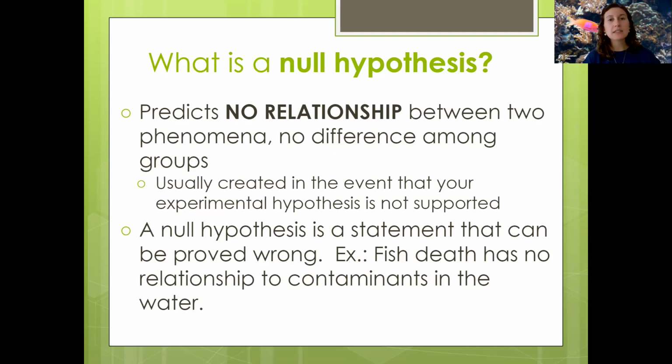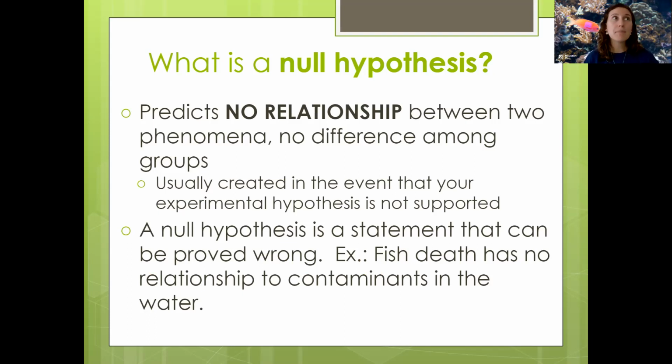But the null hypothesis, null means no. So a null hypothesis says that there is no relationship. For the chocolate versus vegetables causing pimples, the null hypothesis could be: diet does not have an effect on pimple growth. It's essentially taking my two variables, diet and pimple growth, and saying, no, there's not actually a relationship between those two.